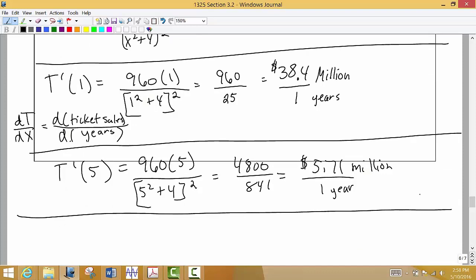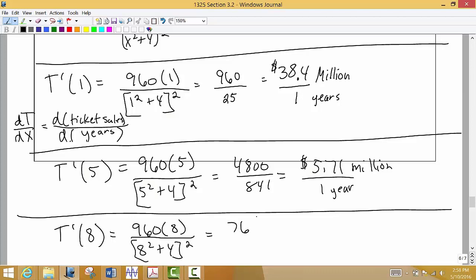And what about 10 years, or sorry, 8 years? We said 8 years after the movie's release, how much am I making per year? How fast are those ticket sales changing? So I'm going to put in an 8 in place of x in my derivative.